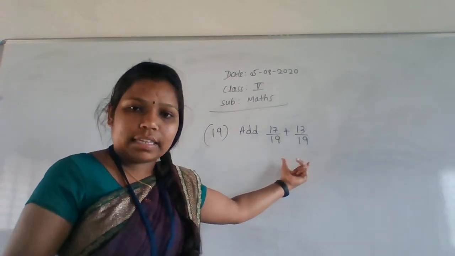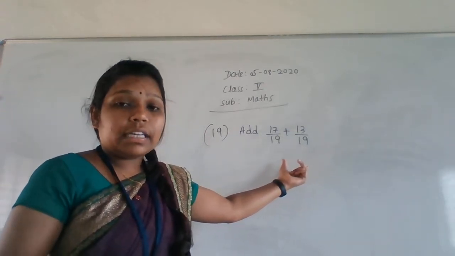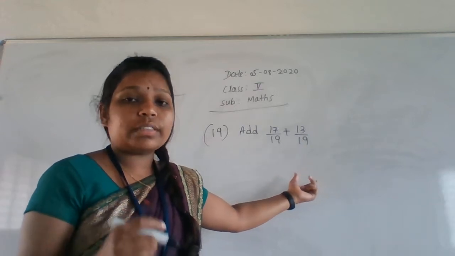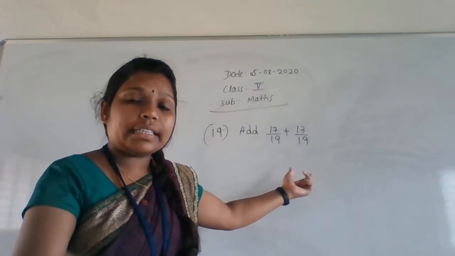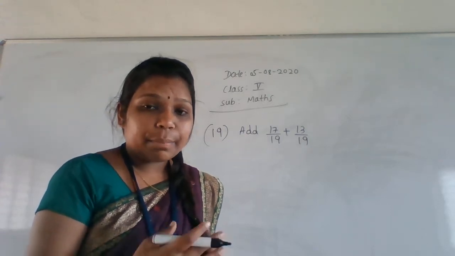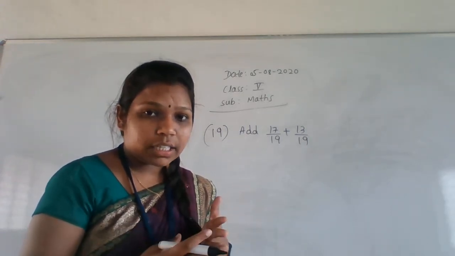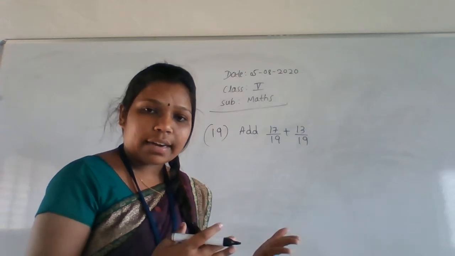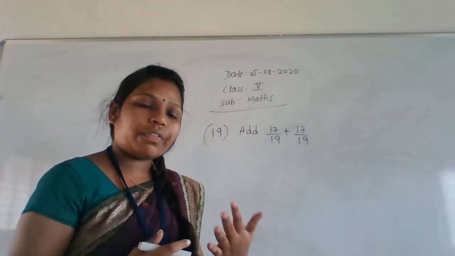You have to add these two fractions and you will get an answer, right? That answer you have to write as a mixed fraction. I hope everyone knows the meaning of a mixed fraction.